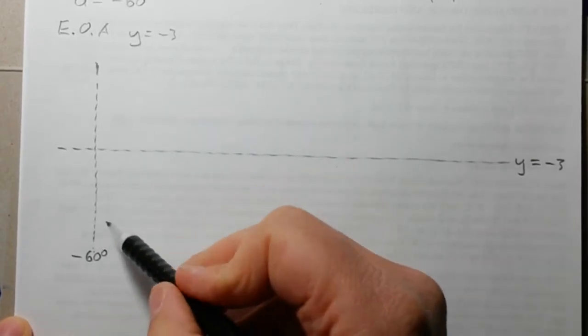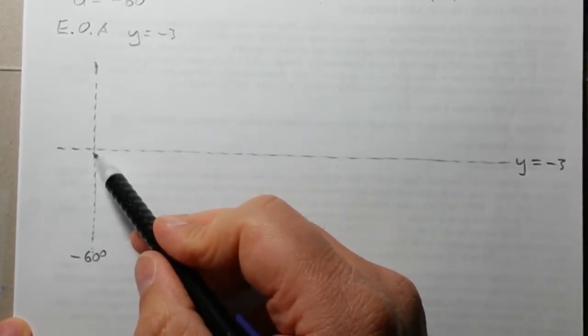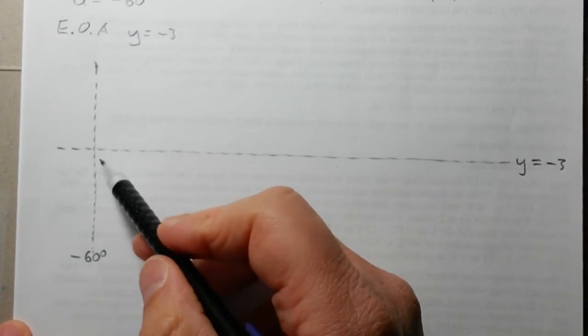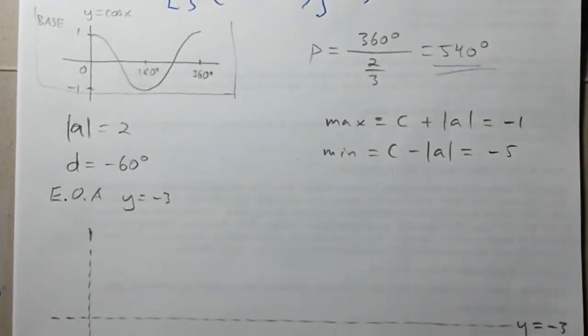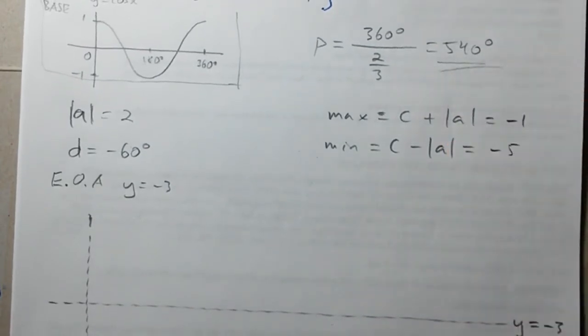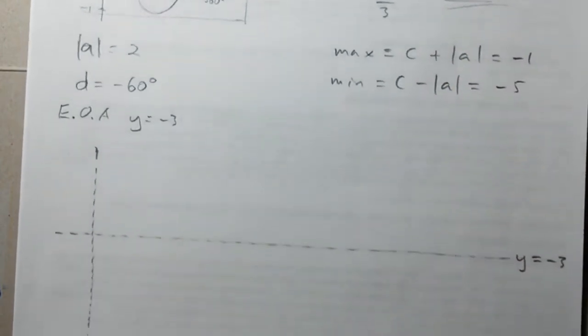Now it starts at negative 60, and the period we said is 540. That's how we got the period.